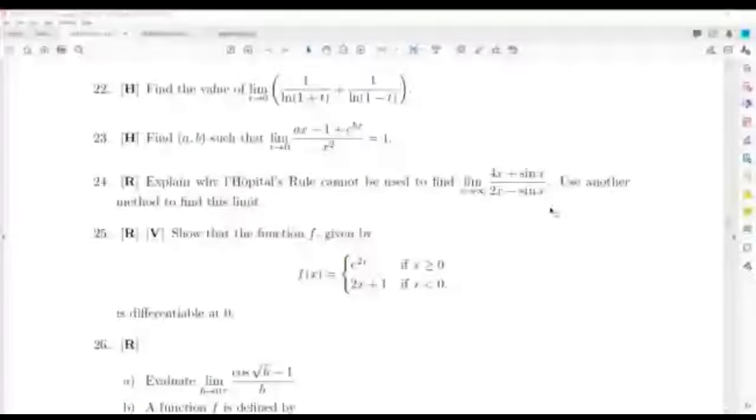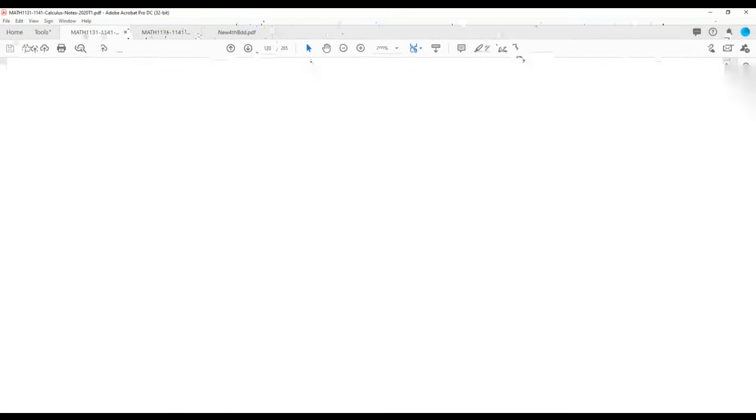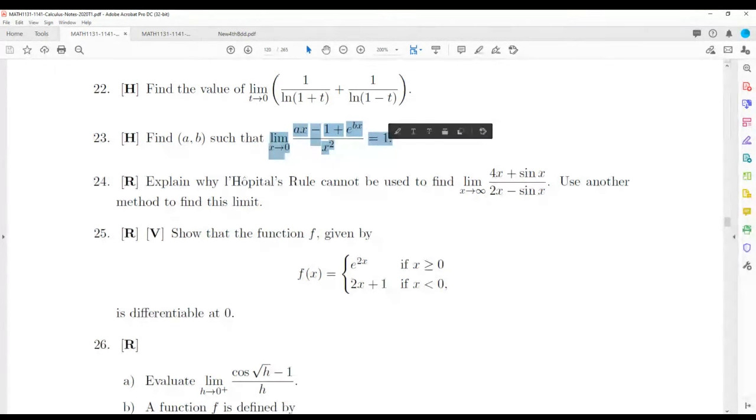So let me share my PDF. Okay, so I'm going to look at 23 now. It's a hard or H question, but you need to find A and B such that this limit is equal to 1.